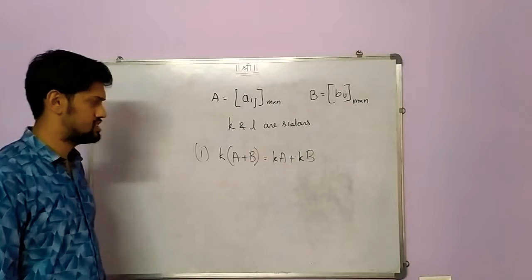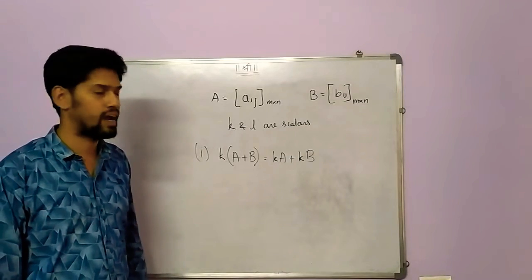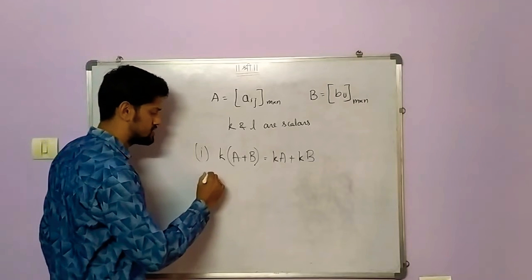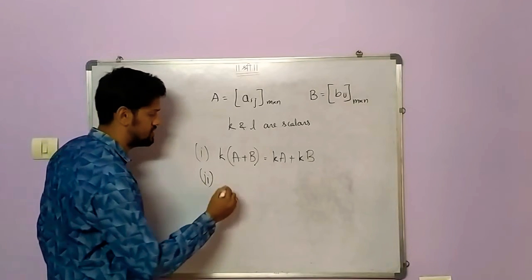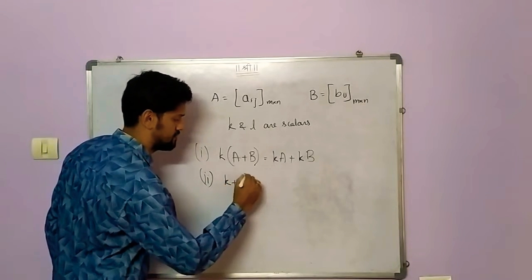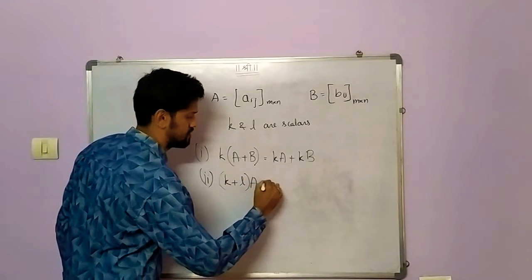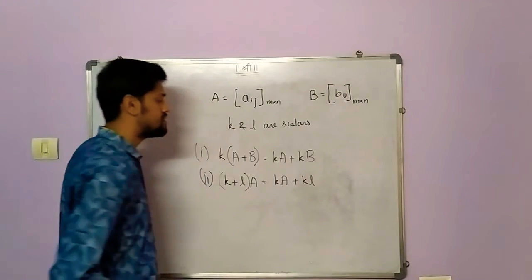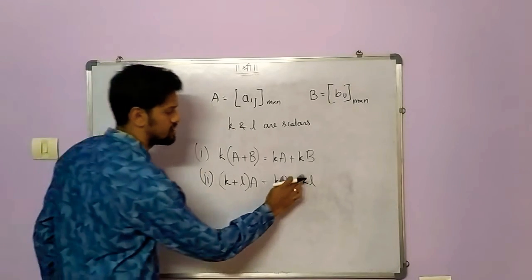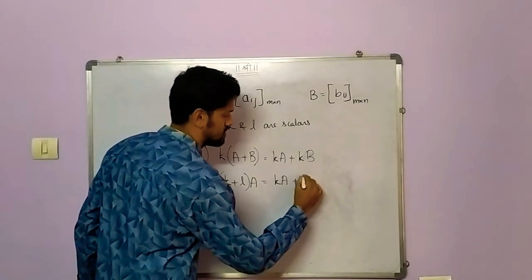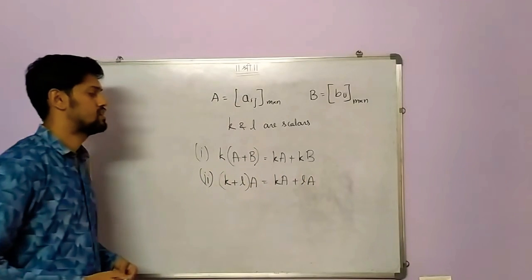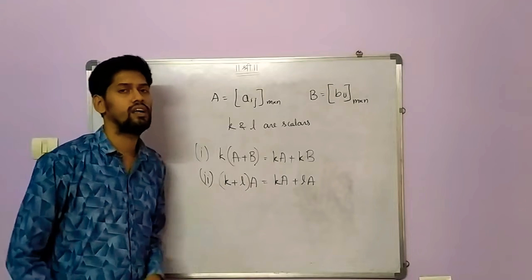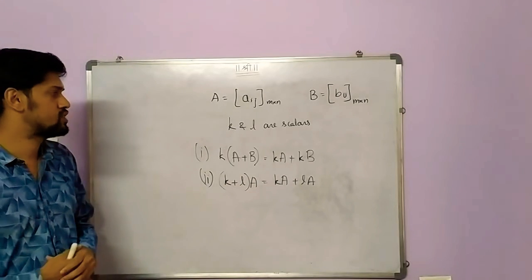This is pretty much the same as how you would expand your bracket when you are solving regular mathematics problems. The second property is also very simple. What I have done is expanded this bracket, K times A and L times A. You can pause the video and note it down.